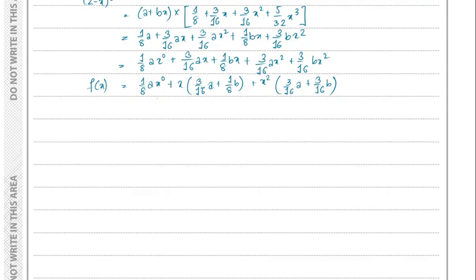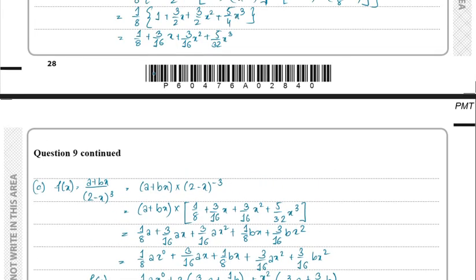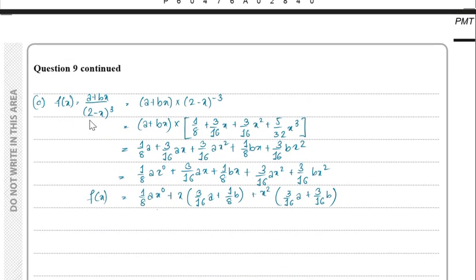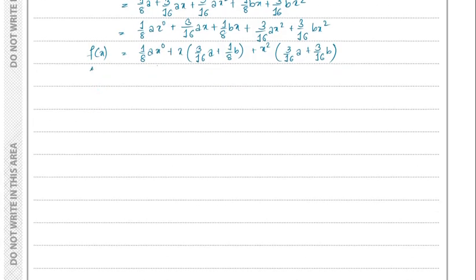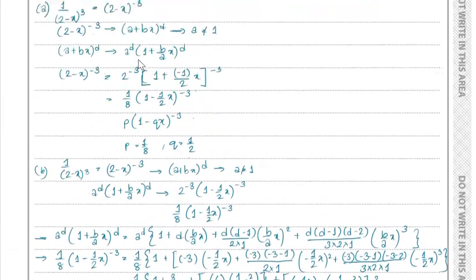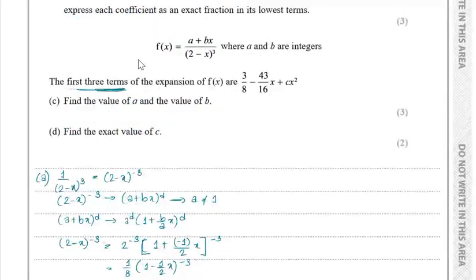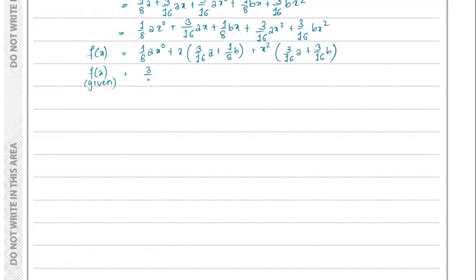And this is the expansion of this f(x) that we got, and the expansion of f(x) that is given is 3 by 8 minus 43 by 16x plus cx squared. So 3 by 8 is also x to the power 0.